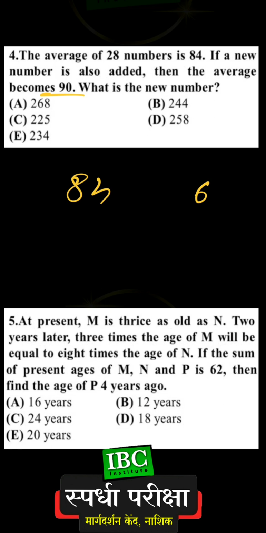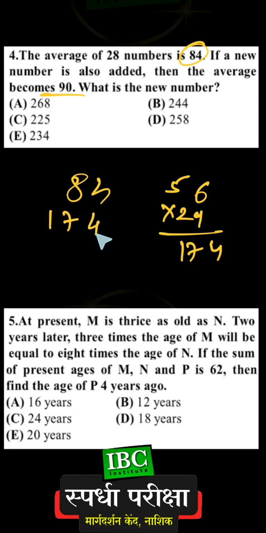So how much more value? Each number got increased from 84 to 90, meaning by 6, so you just have to multiply it by 29, because now the number of numbers is 29. We have to multiply 29 with 6. 6 nines are 54, and 6 twos are 12, plus 5 is 17, so the new number has a more value of 174 in it.